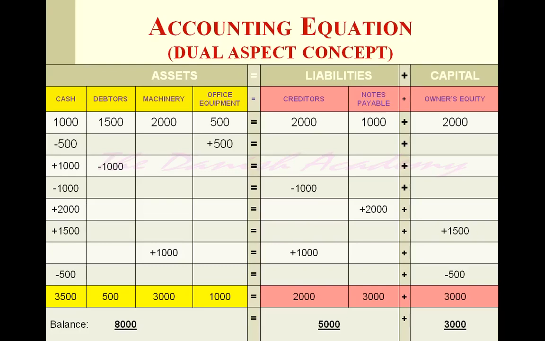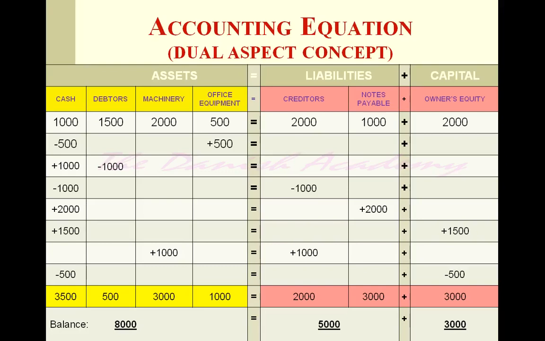Now if the business purchased some machinery on credit, it would increase machinery by 1000 and increase the credit, or our liability, by 1000. Now if the business owner withdrew 500 from the business, it would reduce capital by 500 as well as cash by 500. So both sides of the equation would remain equal.